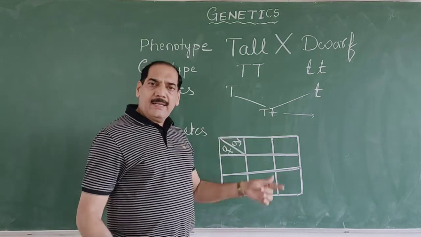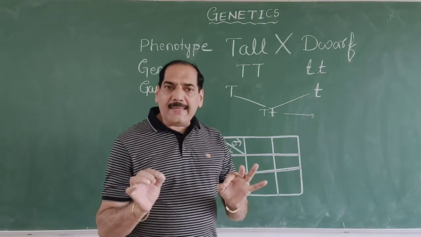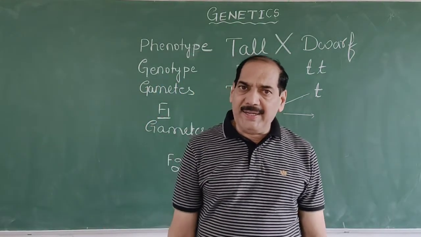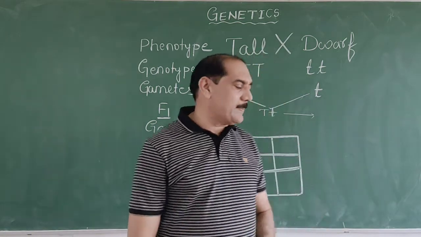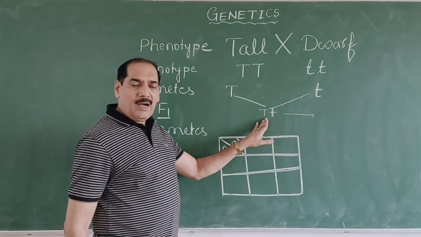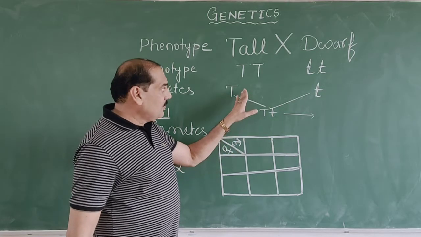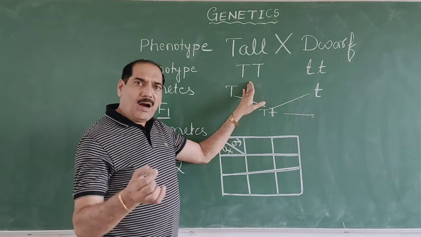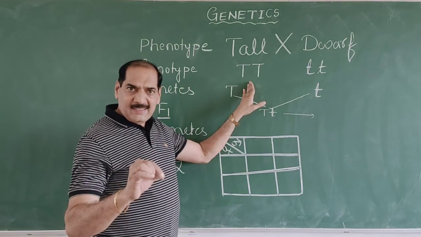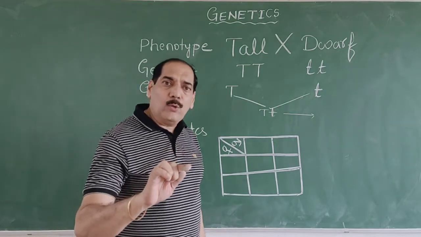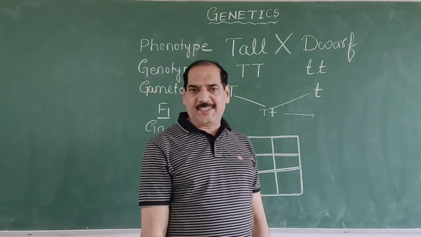Hybrid is an offspring produced by crossing of two plants or two animals. They should differ in one or more alternate characters.